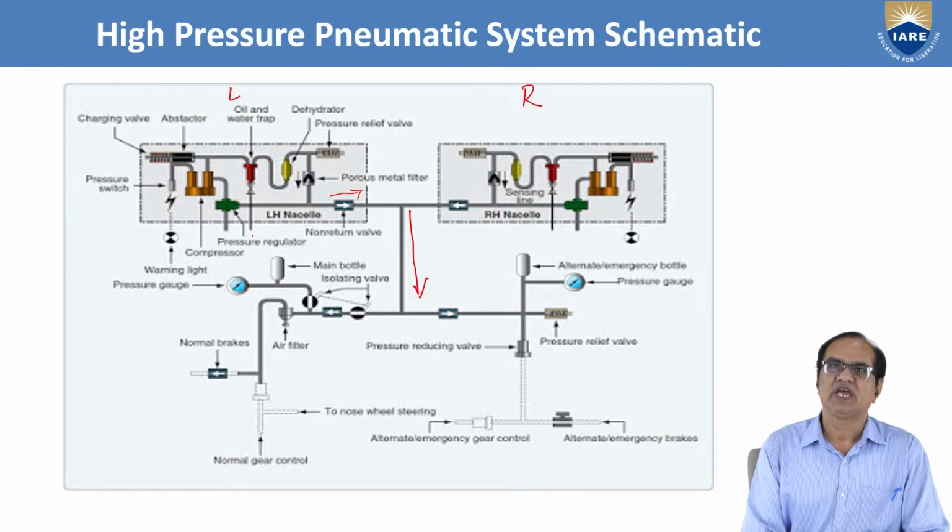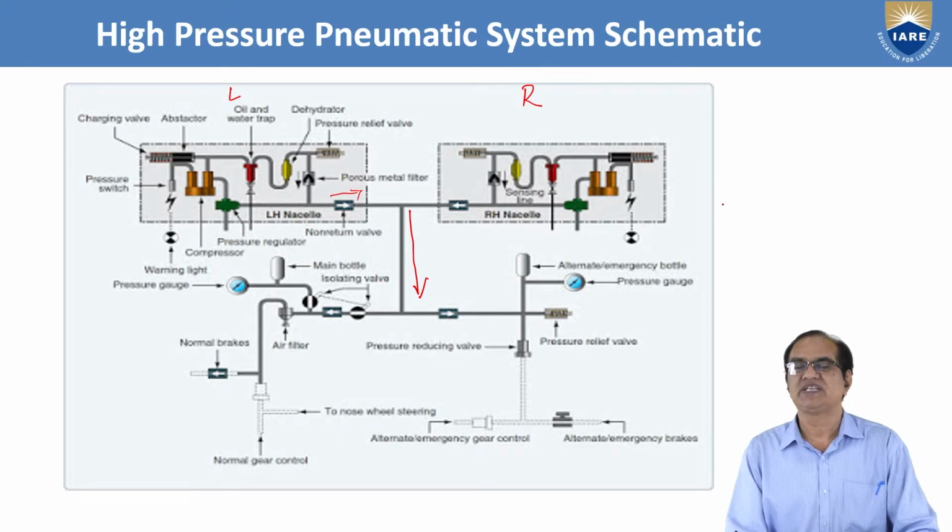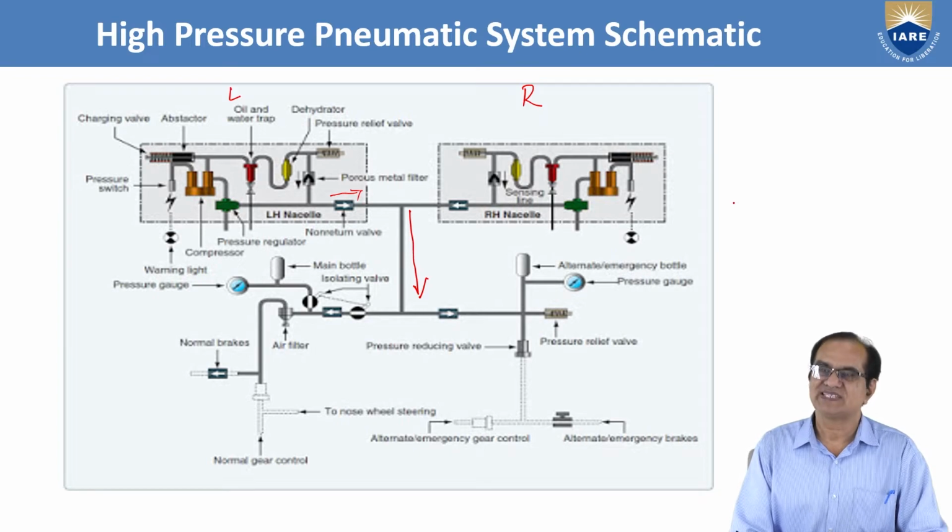So here we should have one compressor here, warning light if it is less pressure or more pressure, warning light should be there. Left hand nacelle, it is fitted in the engine, left side of the engine, and here is a right hand side of the nacelle of the engine, it is fitted. So this we have to see that it is working in this way.